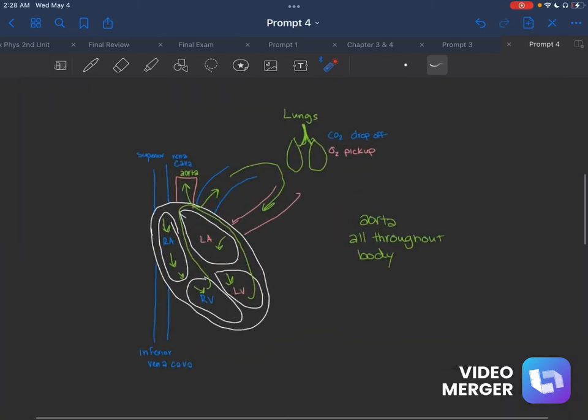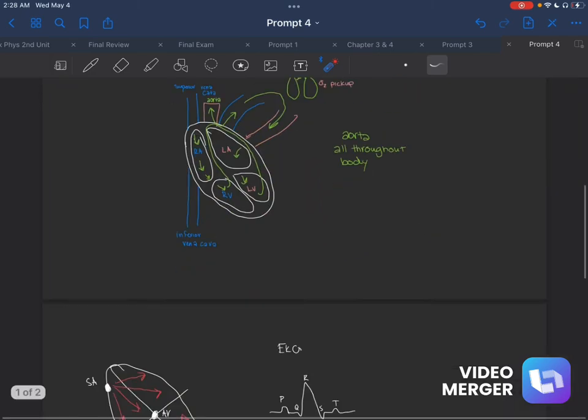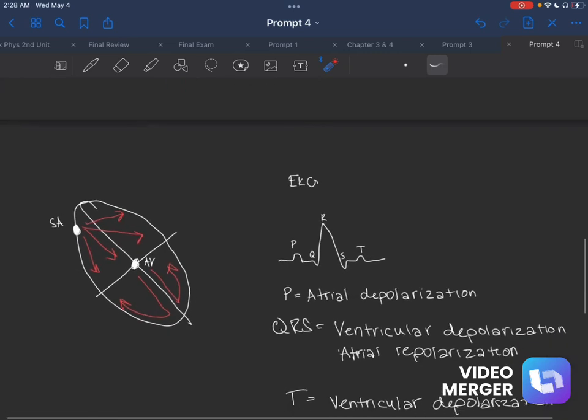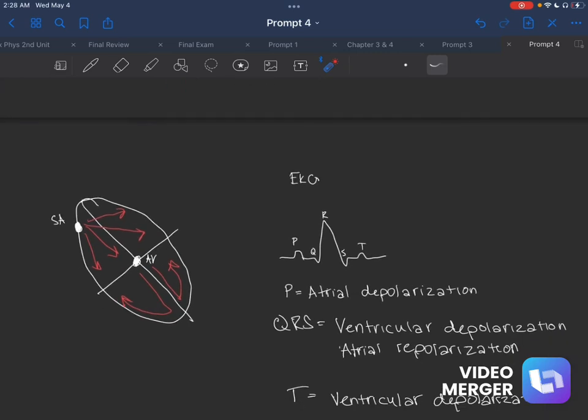And in order for us to know how this works, we can actually see an electrical viewpoint where we can see the impulses of how this contraction works. So what we see here is the SA node. The SA node is going to depolarize. It's just a bundle of nerves. It works to depolarize in its direction down throughout the atrium. Not any specific atrium, just both.